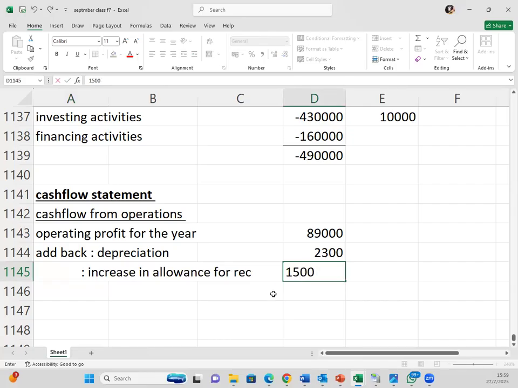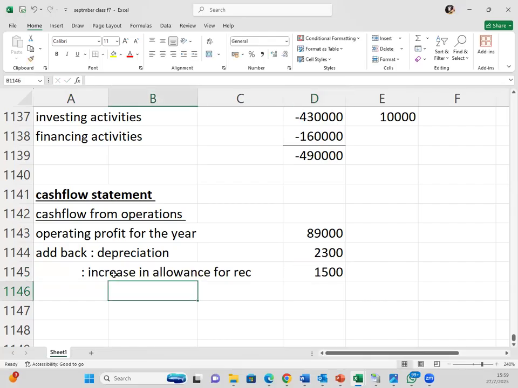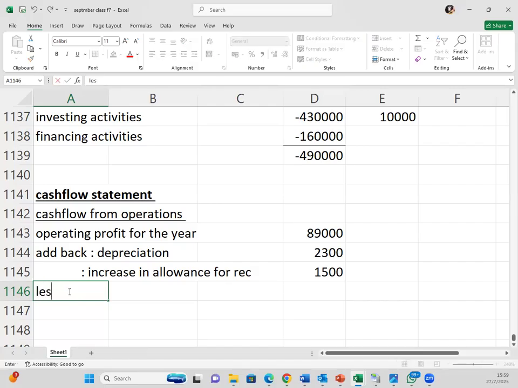Then besides the increase, we also have other items we might have added to profit which are also non-cash in nature, such as a profit on disposal. A loss on disposal, we add it back, but we deduct if there is a profit on disposal.